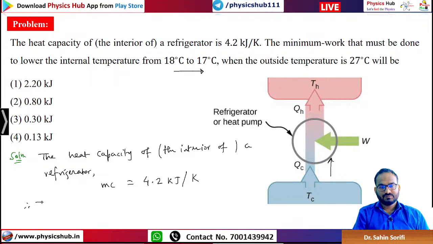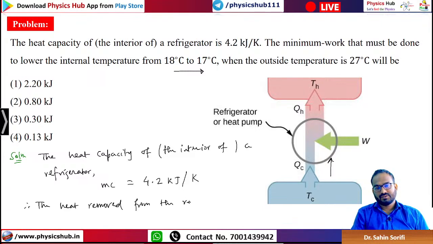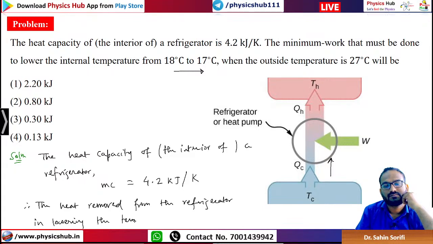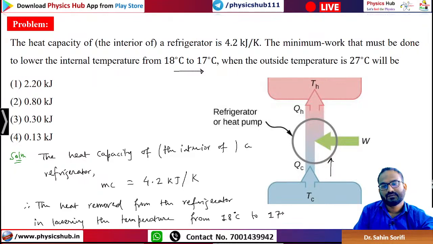That will be Q2, the heat removed from the refrigerator in lowering the temperature from 18 degrees C to 17 degrees C. How much is it?